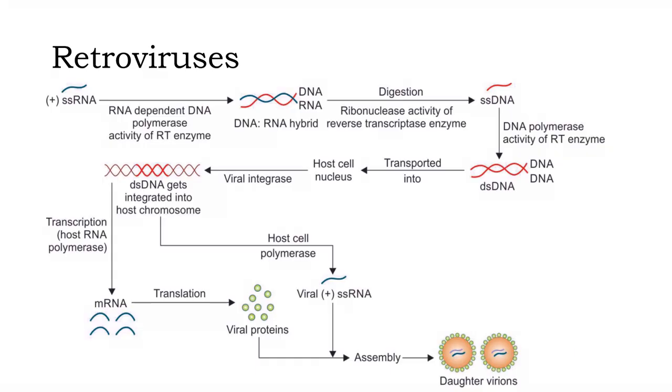Then slowly the whole process of stopping the host cell enzyme production is carried out, which dictates the formation of viral proteins, and finally they are assembled. All these steps are courtesy of the DNA polymerase activity of the reverse transcriptase enzyme, which this particular virus possesses.